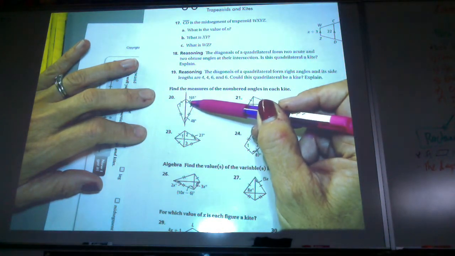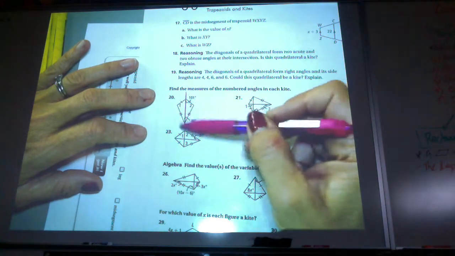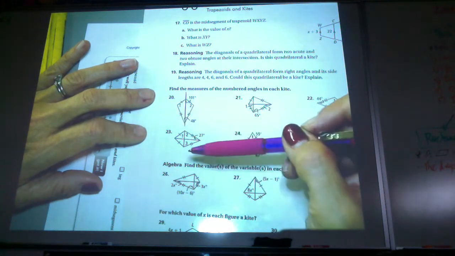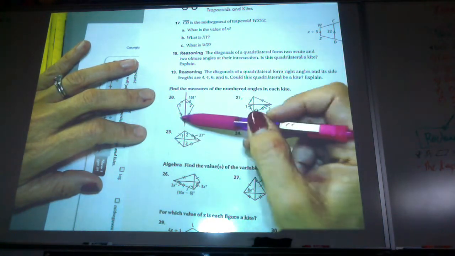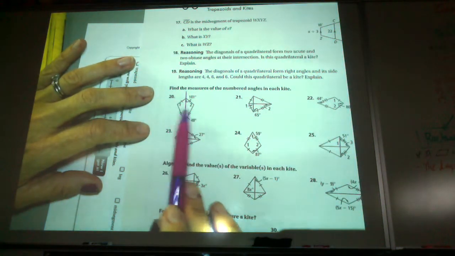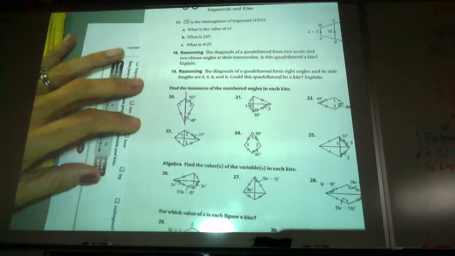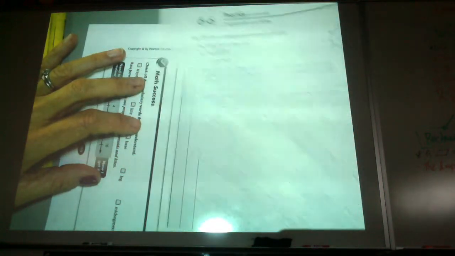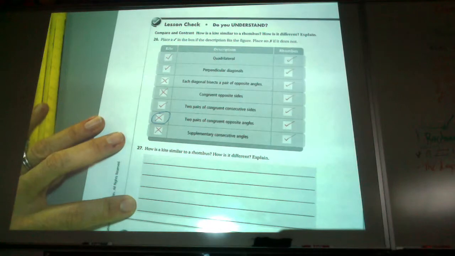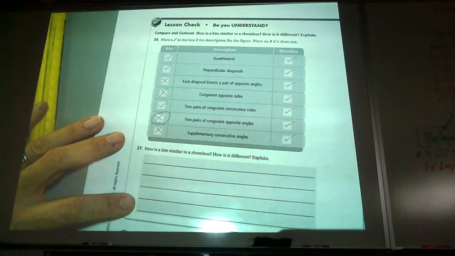Those sides are going to be what? 50.5. And then this angle they're telling you is 48, so they're obviously not the same. So this angle here is going to be what? 24 and 24, 50.5, 50.5. But these, aren't those going to be the same? So you're typically going to have one set of angles that are the same, one that's not. So for this one, two pairs of congruent opposite angles? No. It should.